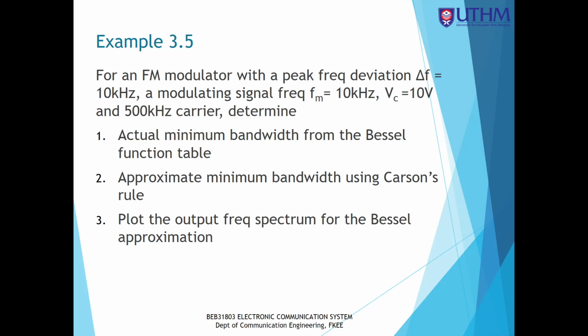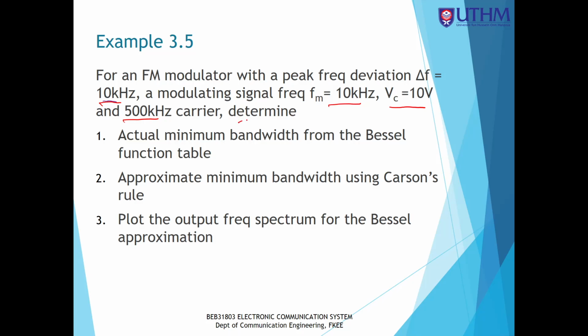For an FM modulator with a peak frequency deviation delta F equal to 10 kilohertz, a modulating signal frequency fm equal to 10 kilohertz, the carrier peak amplitude is 10 volt and the carrier frequency is 500 kilohertz.